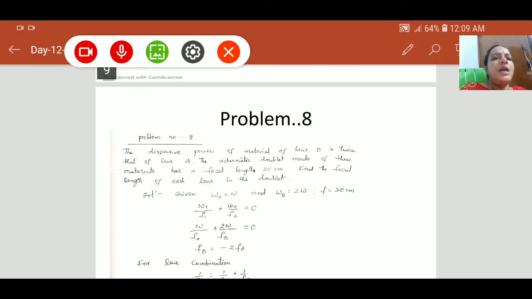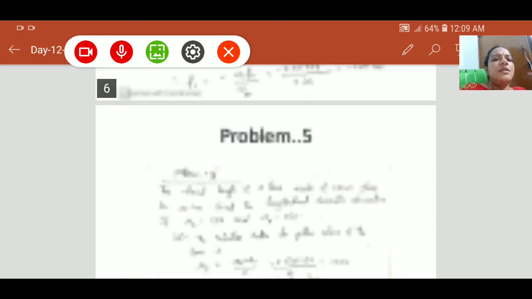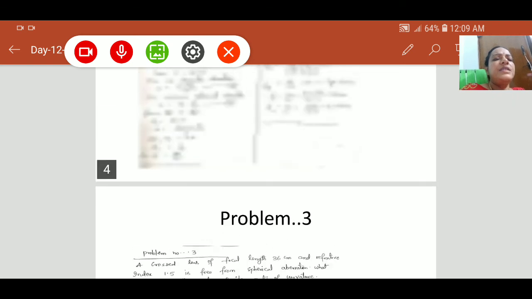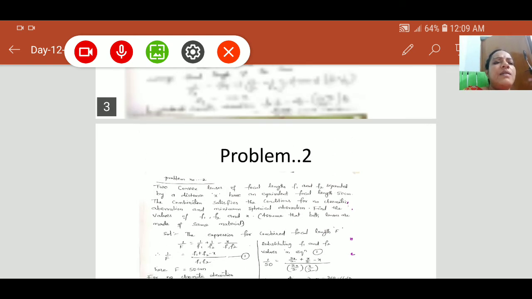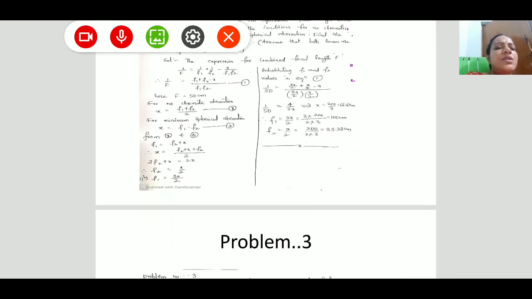This is the comparison. The Wedgewood condition also, a problem will be based on it, so you have to solve that problem also.